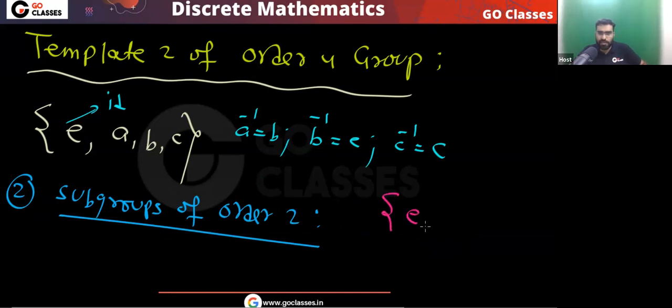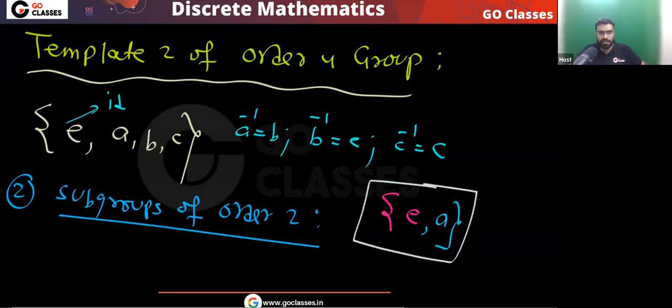With the identity element, can I take A? First of all, is this closed? Will it be closed? Okay, you check it.